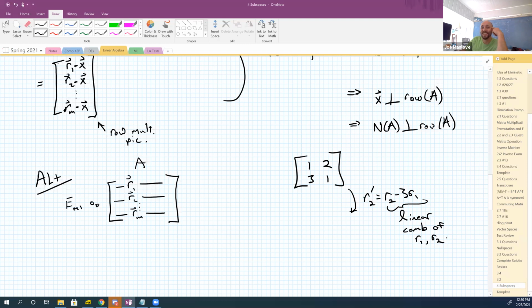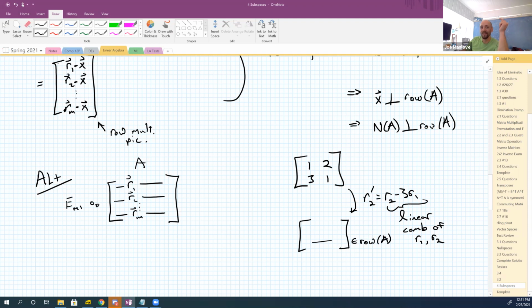So where is it still? It's still in the row space. Because I made this linear combination, that new vector is still in the row space. I didn't change the row space when I did that elimination step. I changed the way it looks, but I didn't change the space.